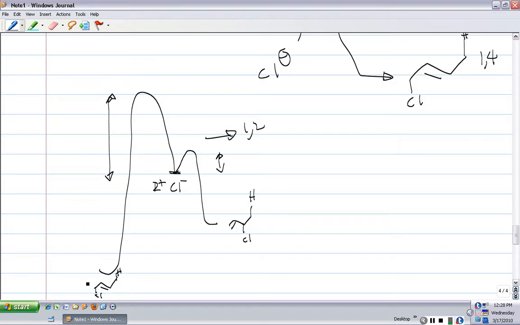So this is the more stable species, and it's formed by the more difficult pathway. And this is counter to our previous experience. Typically we find that the more stable entity forms faster in obedience to the Hammond-Leffler postulate, but not in this case. In these unique cases where there is kinetic versus thermodynamic control of a reaction, the more stable species forms by the more difficult reaction.